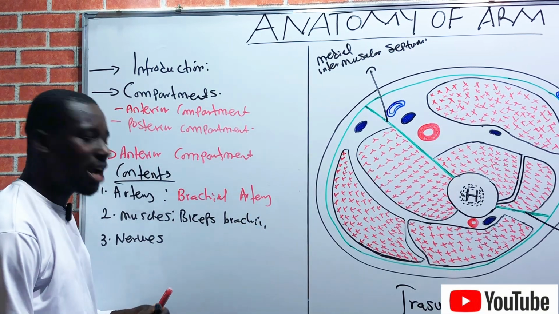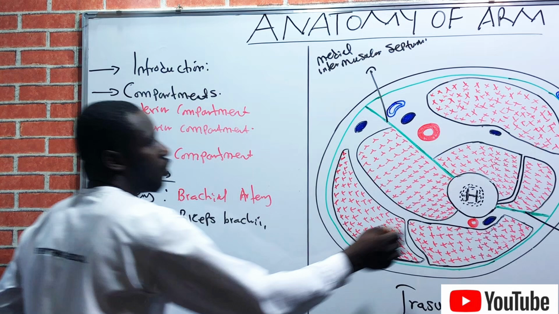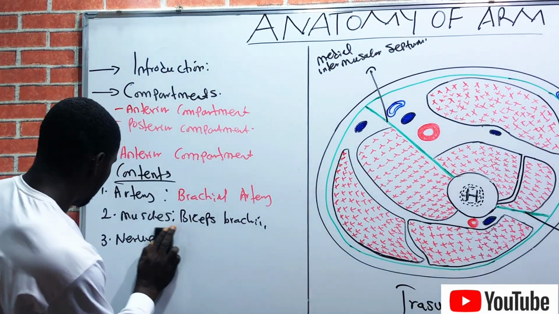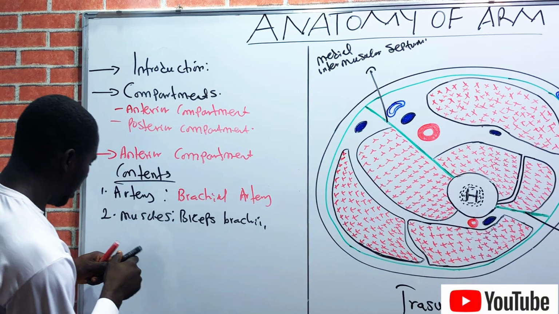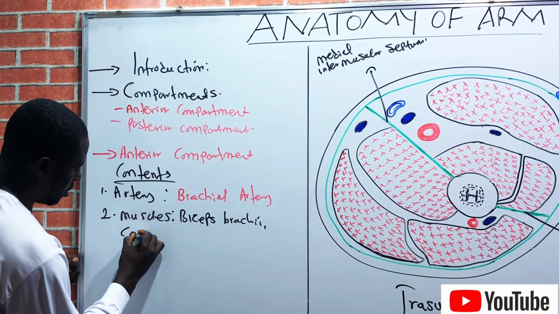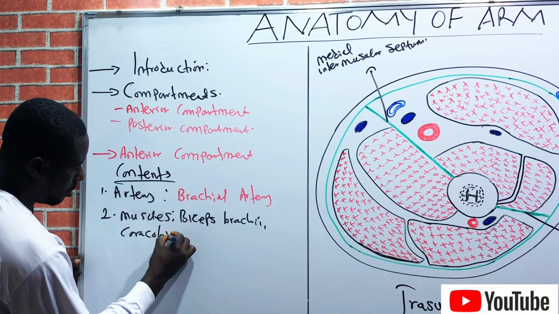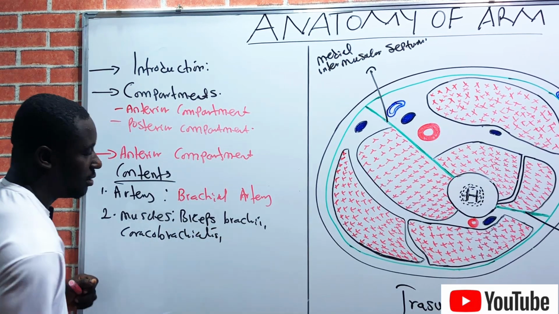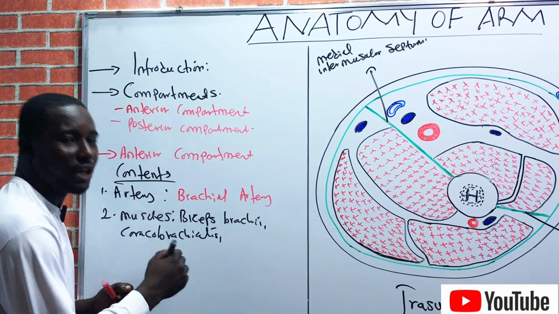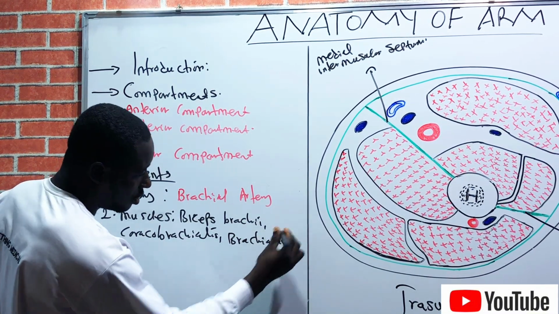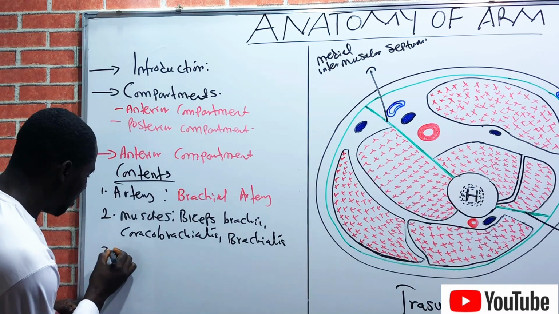Number 2 is the Coracobrachialis. While the 3 is the brachialis muscle.